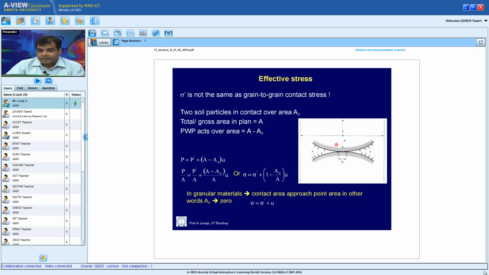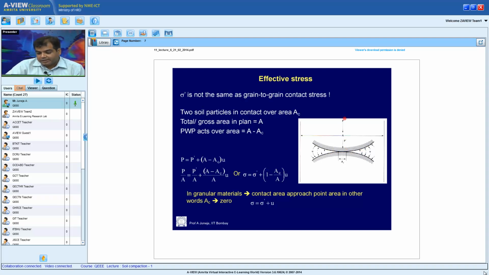If I look at the equilibrium of forces, it would mean if I apply a force capital P over there, the part of the force which is transmitted through this grain to grain contact should be this capital P prime, plus the vertical normal force which is transmitted through water.